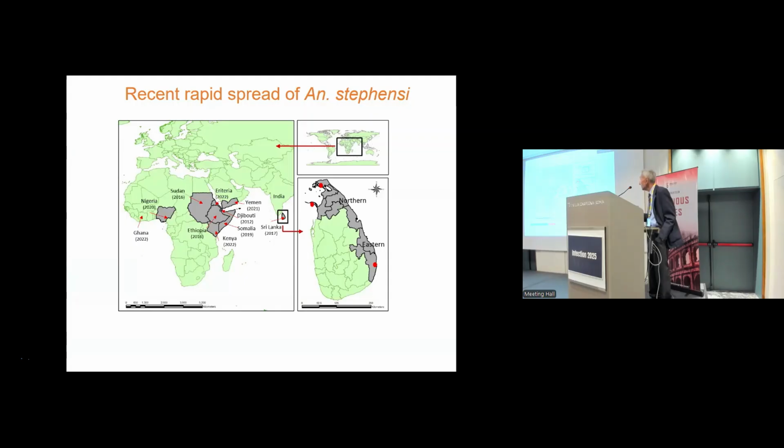The spread from India to Sri Lanka occurred primarily in the coastal areas, and the red dots show where they were detected. Across into the Horn of Africa, there was also refugee and coastal spread. Later we're finding it in Kenya, Nigeria and Ghana, and that's probably through container spread.